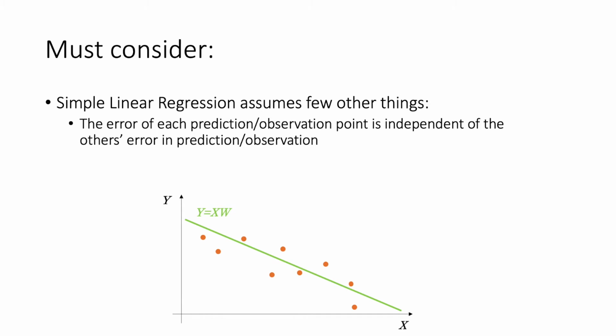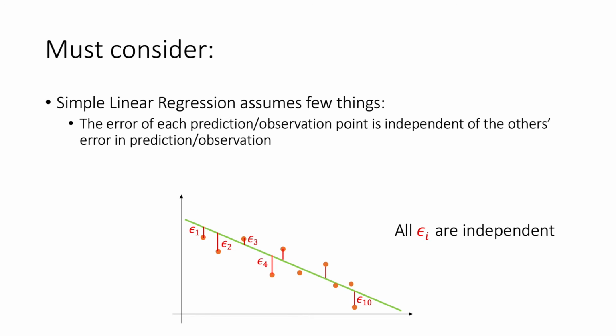So here, if we have this model that was trained using the orange training points, then we get all those errors, and those errors are all independent among them. It means that if error 3 has a specific value, that will not affect at all the value of error 4.